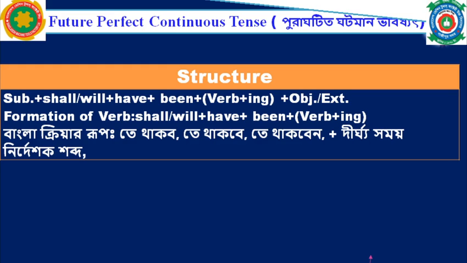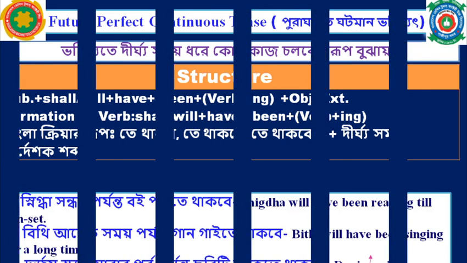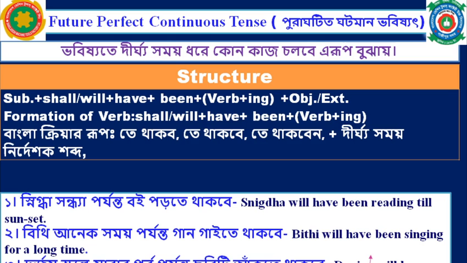In case of future perfect continuous, that action will be continued before another action happens, right? You can see Snigdha will have been reading till sunset. That means she will be reading till sunset, right?